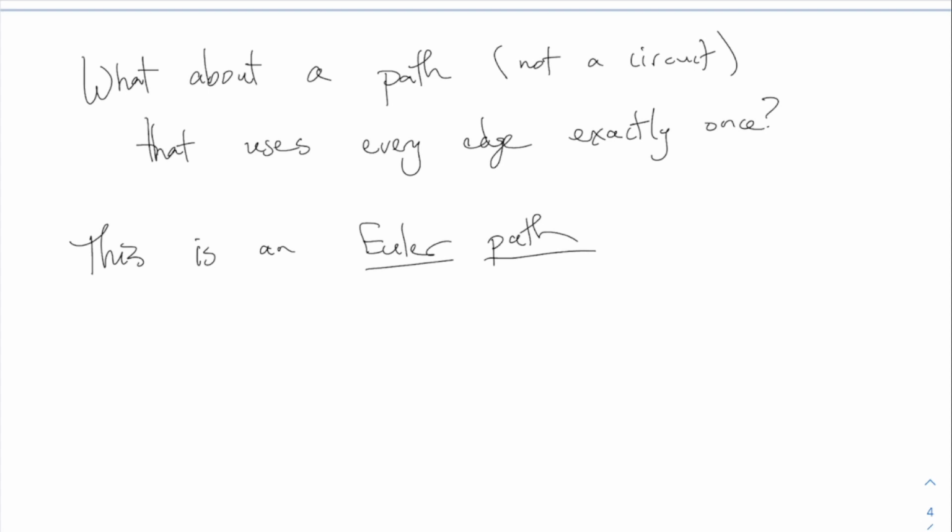Here's an example. How about this graph? Oh, sorry, not like that. This is the graph I want. This one has an Euler path. Actually, this one does not have an Euler circuit. We could look at the degrees here. Can anyone say what's the degree of this one? 2.